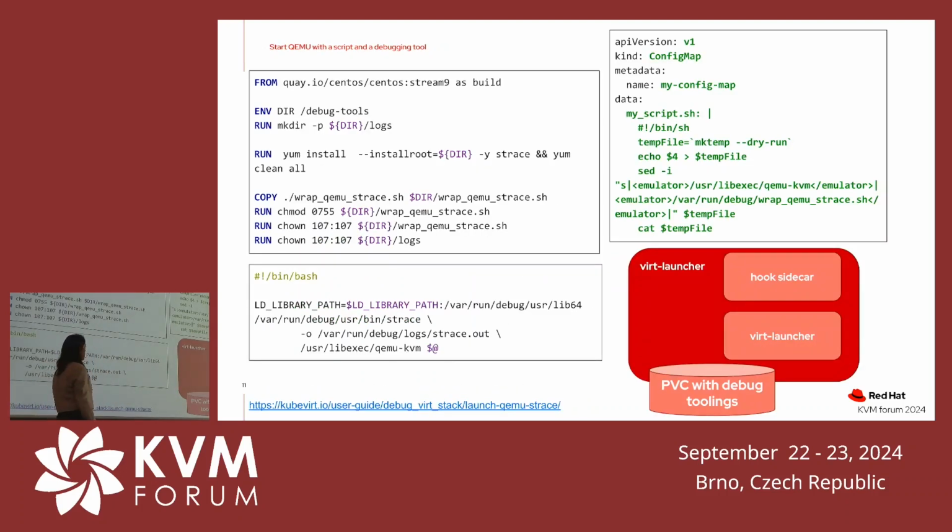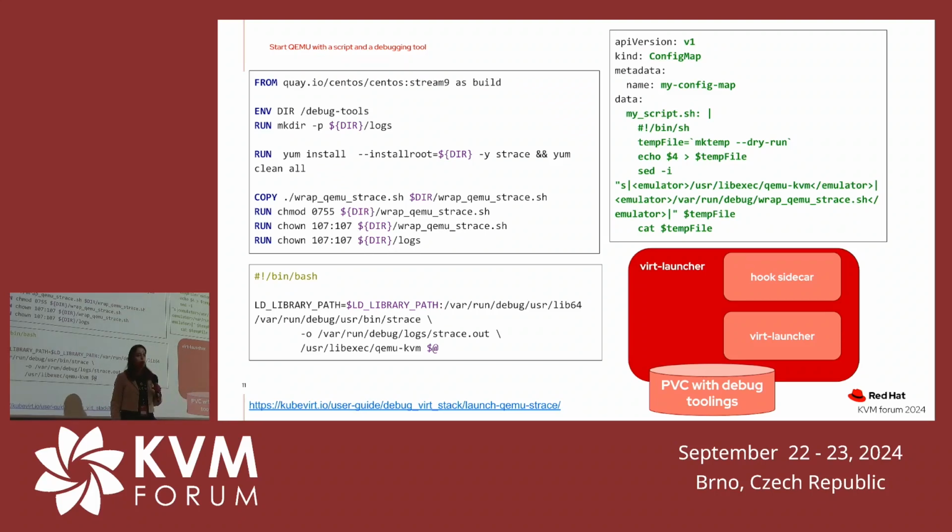This is the most complex setup that we are going to see in this presentation, so please stay with me. But this is exactly an example of these sidecars. Let's suppose that I want to trace QEMU inside Virt Launcher. As we said, we are using a distroless container, so I don't have strace inside Virt Launcher. So how am I going to start QEMU with it?